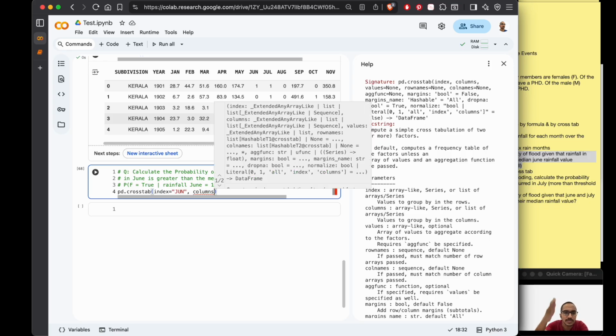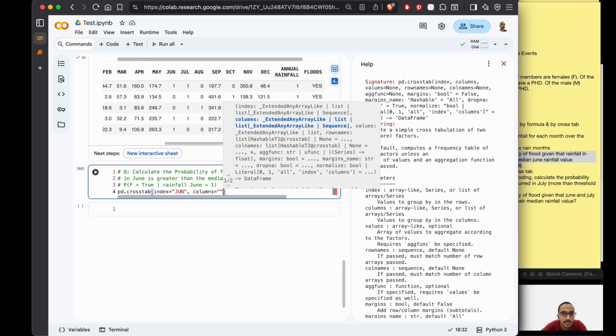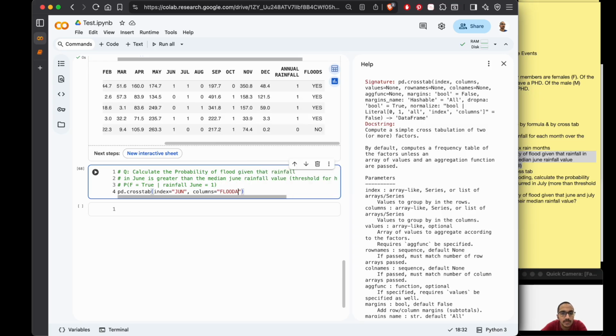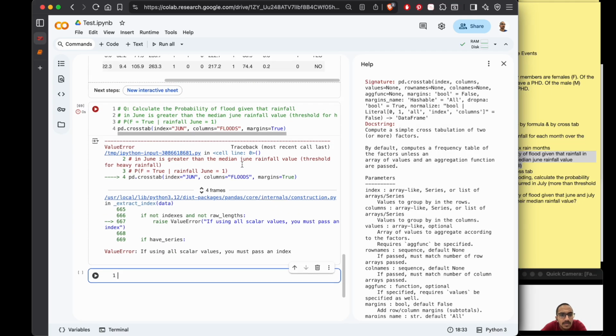So June month 1 or 0 on the rows side, and on the columns side we will see floods. And what else? Row names, column names, and so on. We'll set margins, so we'll get our totals as well. Margins true.